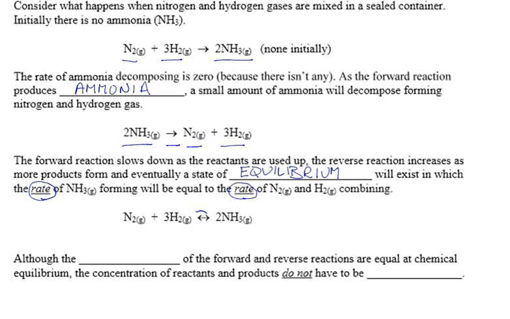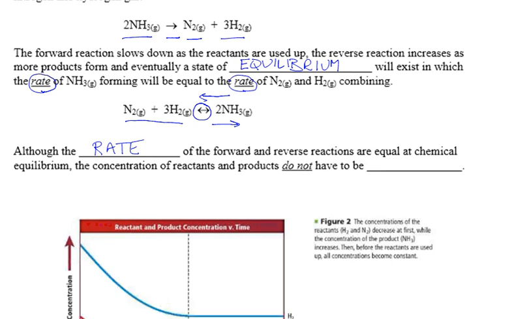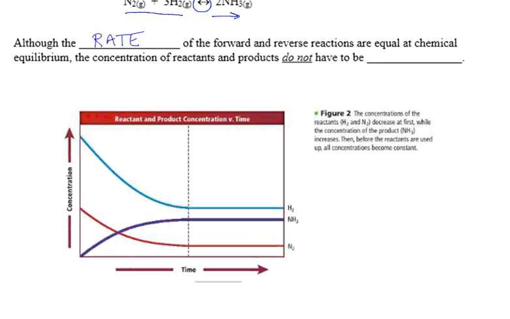So we represent equilibrium with a double arrow, and what we're saying is that as nitrogen and hydrogen combine to form ammonia, ammonia will decompose and form nitrogen and hydrogen. Although the rate of the forward and reverse reactions will equal, it does not mean that the concentrations are equal.